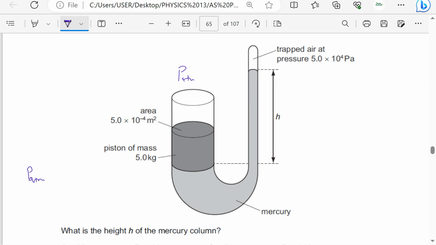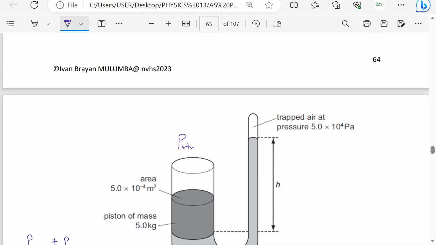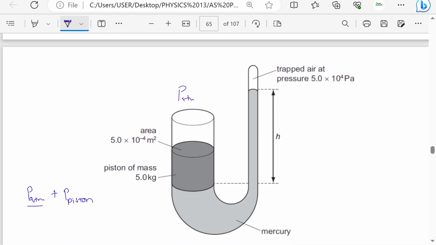If I add the pressure due to the atmosphere to the pressure due to the piston, the total should be greater than the pressure of the gas, because the pressure of the atmosphere and the pressure of the piston are above the pressure due to the gas.